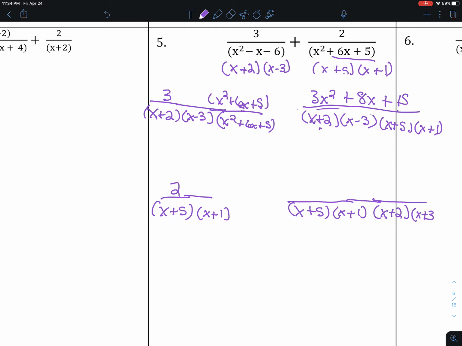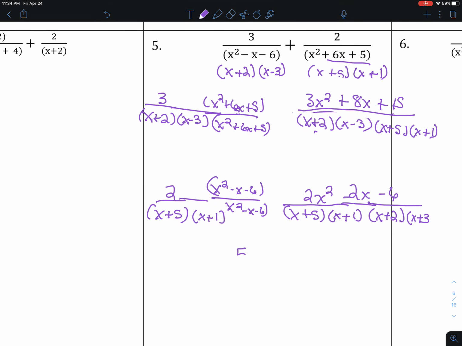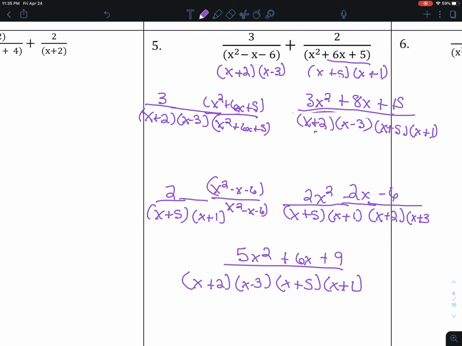And this one I have to multiply x plus 2, x plus 3, which is the same as this. So I'm writing it that way just to make it easier to multiply. And that is 2x squared minus 2x minus 6. And then we just combine like terms, so we get 5x squared plus 6x plus 9. And then this long thing remains the same. And that is our answer.